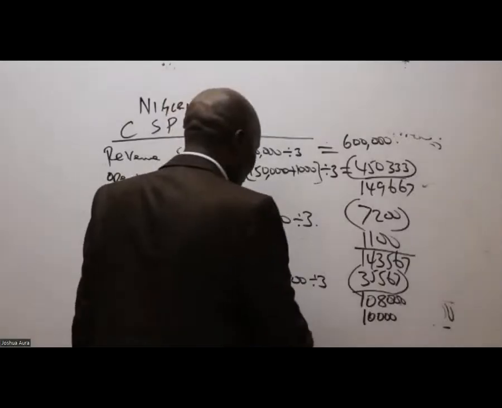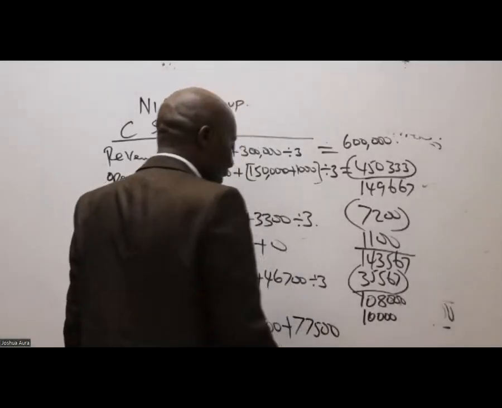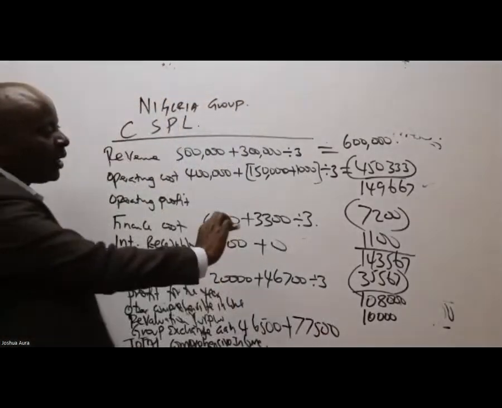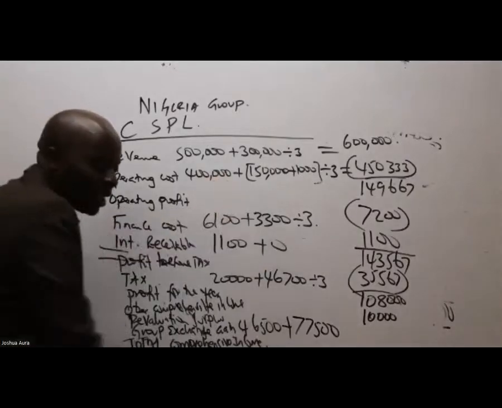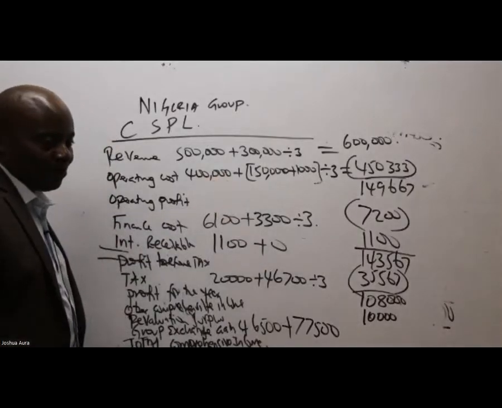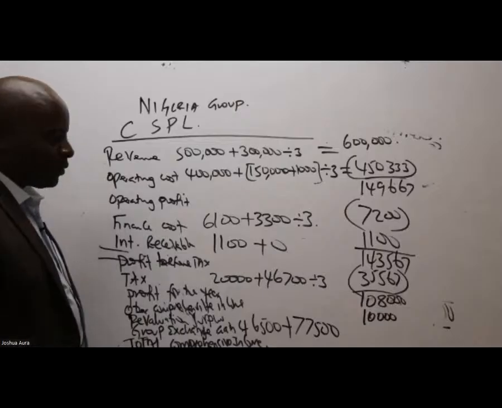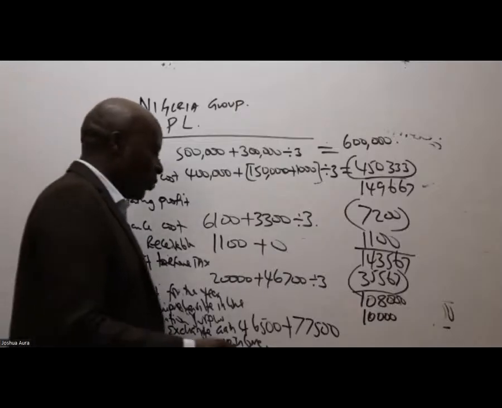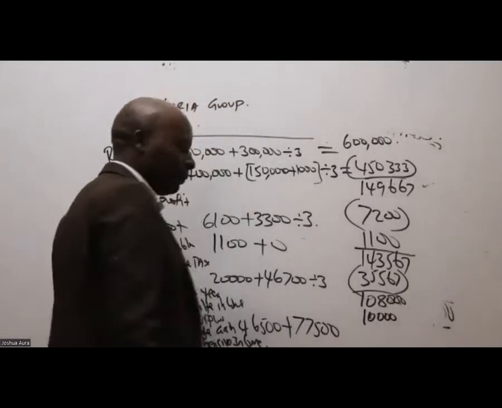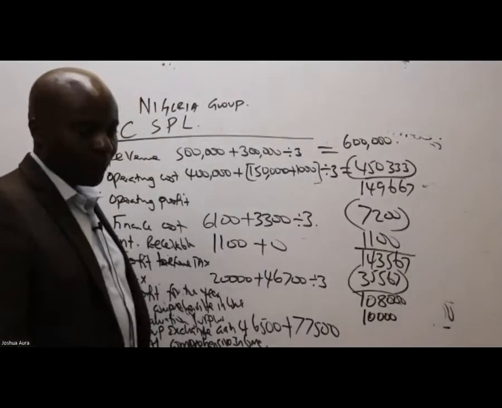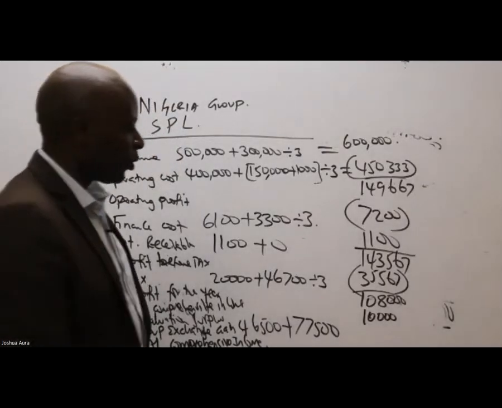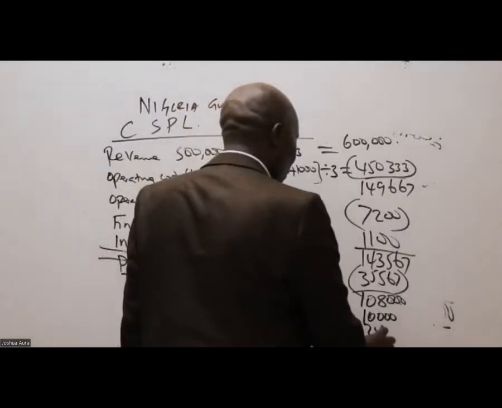I can't remember very well. 77.5, don't share. Here we don't share at all, because sharing normally in the income statement, the sharing goes down there, and I shall never do that in an exam. So 46,500 plus 77,500, how much do we have here, somebody? 124,000.